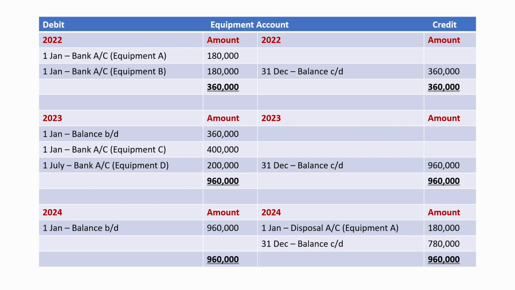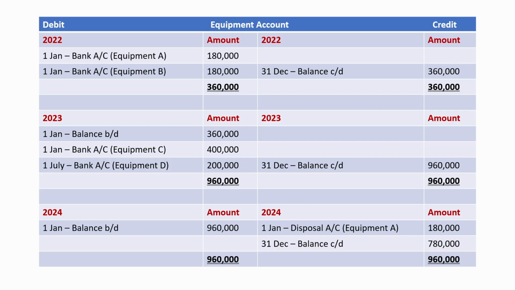This is the correct format in such a question. Always divide it in terms of years, because we were told for the years ending 1st December 2022, 2023, 2024, you are supposed to prepare for each year separately.